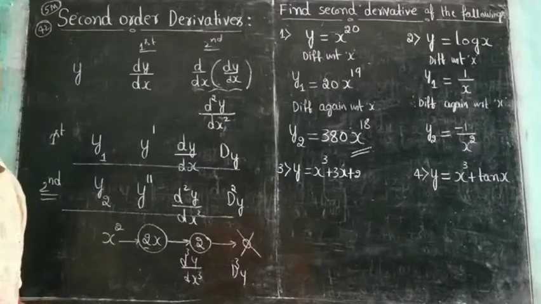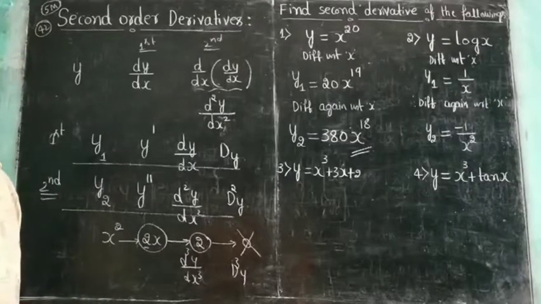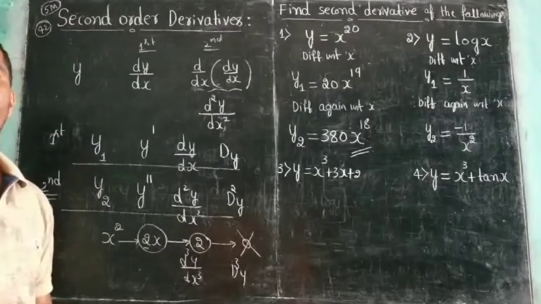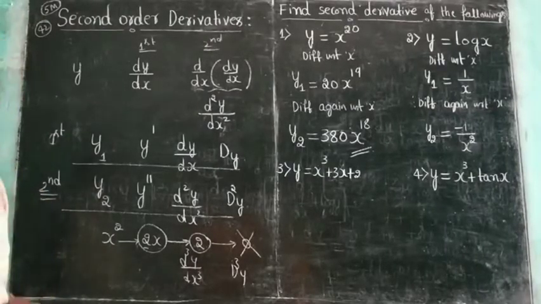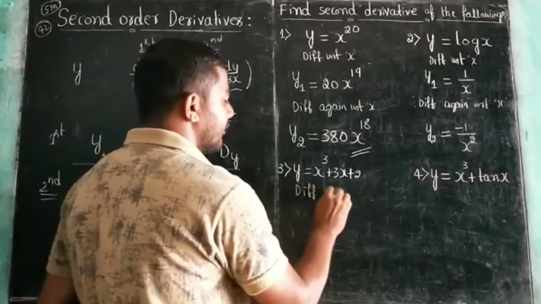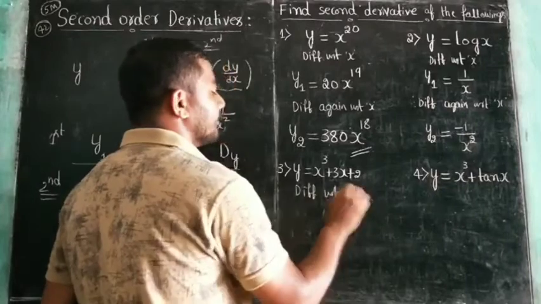And then next one, problem number 3, y is equal to x cube plus 3x plus 2. First, differentiate with respect to x.